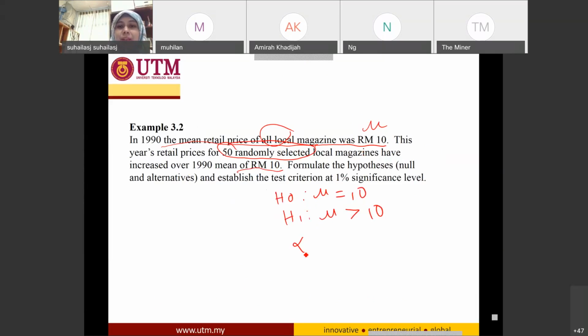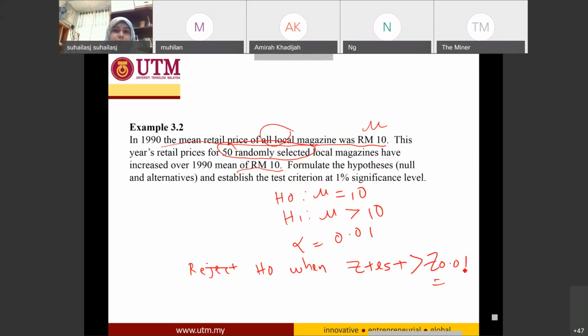So alpha 0.01. So in this case, since your alternative is mu greater than, so kamu akan reject. Okay, let's see lah with assumption kita pakai Z test. Reject H0 when Z test greater than Z alpha. Kamu dapatlah Z alpha tu apa? Okay. Kita nak tengok apa dia punya mu, macam mana nak tulis dia punya alternatif.